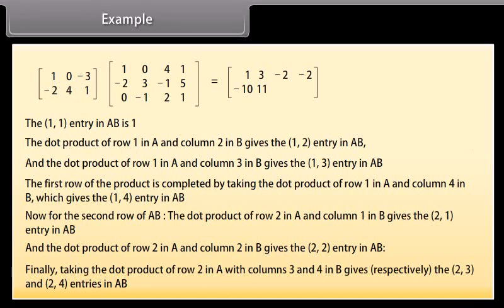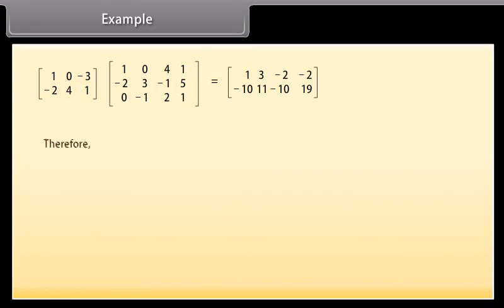Finally, taking the dot product of row 2 in A with columns 3 and 4 in B gives respectively the 2, 3 and 2, 4 entries in AB. Therefore, AB can be written as the matrix, row-wise: first row 1, 3, -2, -2, second row -10, 11, -10, 19.